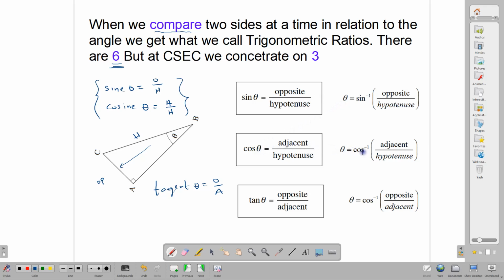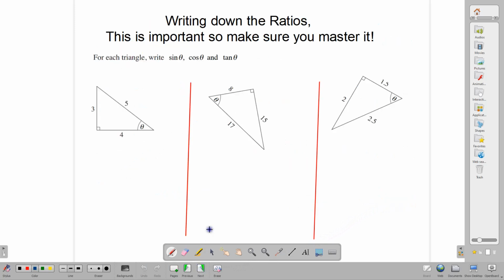The inverse cosine function takes in a number, gives out an angle. Same thing for tangent. The angle here would be equal to the tan inverse. And as I'm seeing it here, this should actually be tan inverse and not cos. So tan inverse would be opposite over adjacent. All right, moving on.